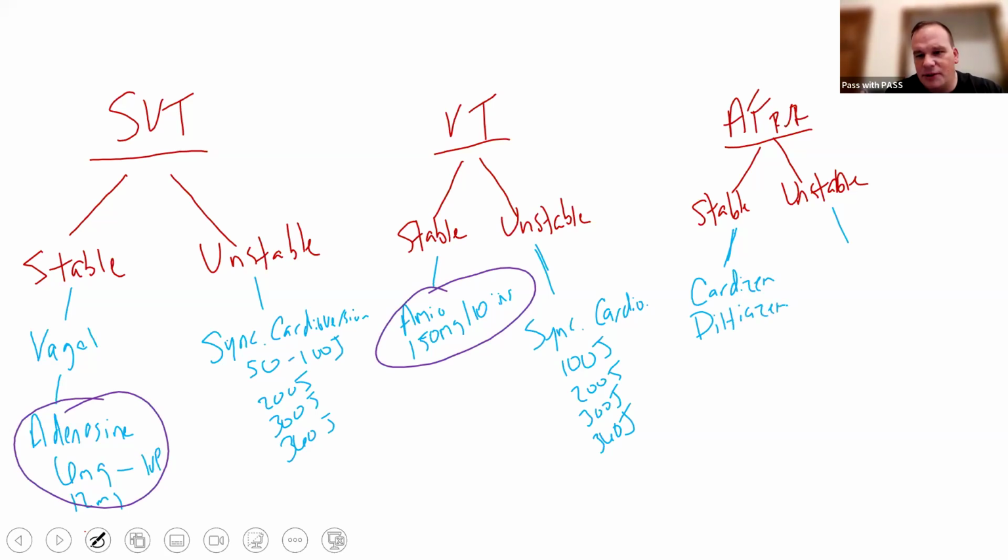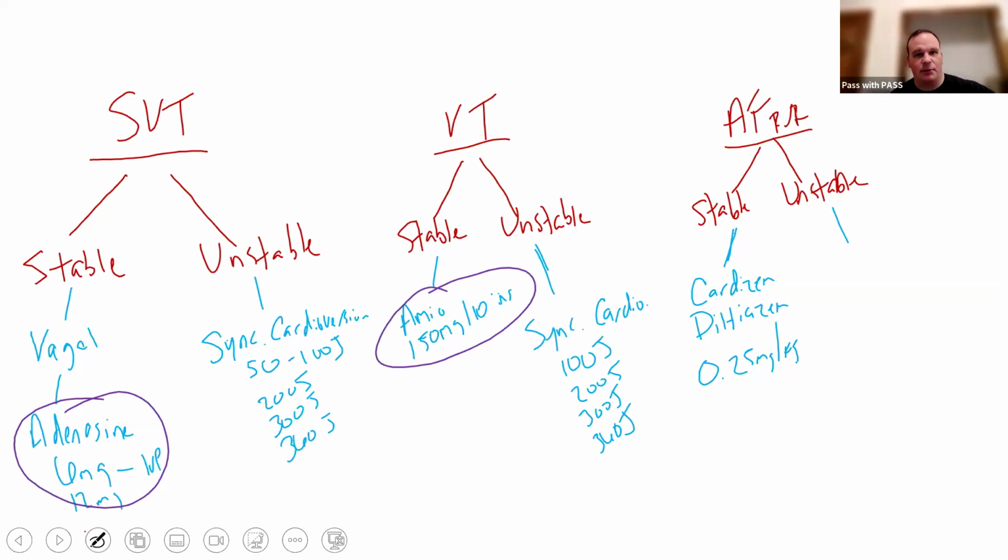And the dose, I'd be really surprised if you're asked the dose, but you might be, is 0.25 milligrams per kilo. Okay. So if it's a stable AFib, it is cardizem. Generally, certainly for the National Registry, what they want to know is, do you know the type of medication that needs to be administered?